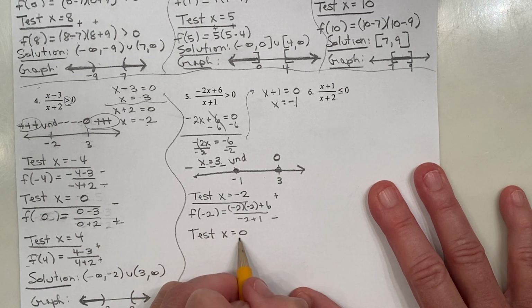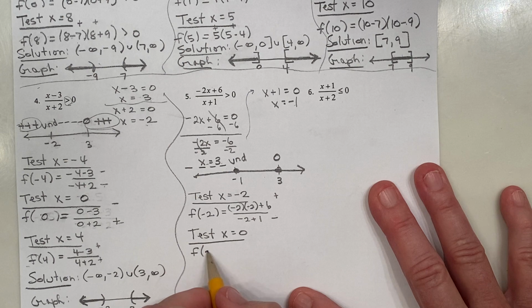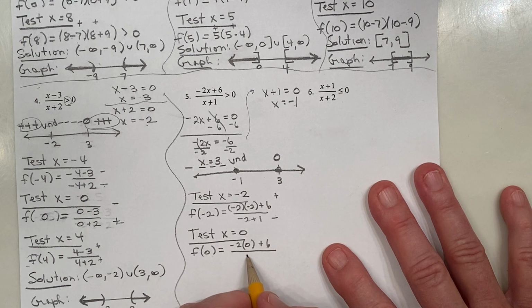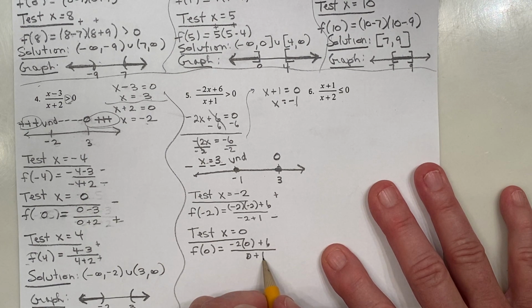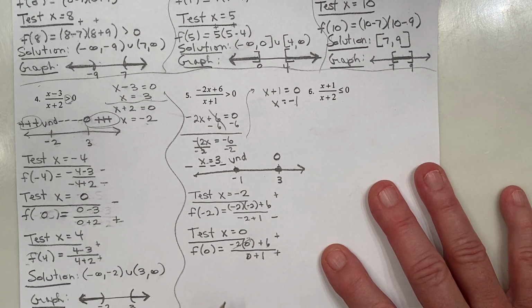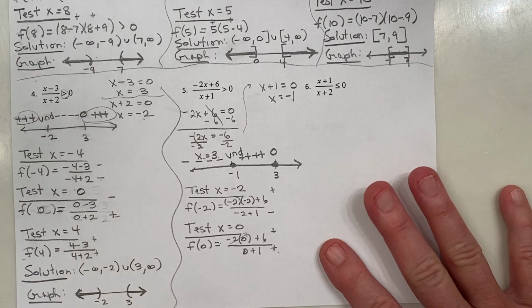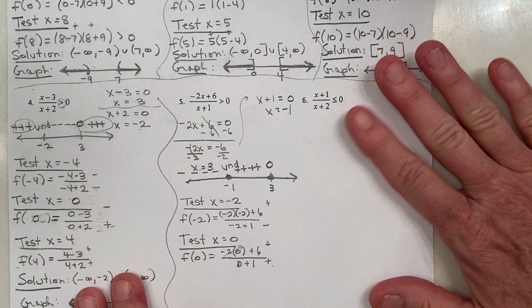Let's test x equals 0. So -2 times 0 plus 6, and 0 plus 1. That goes to 0. So we have positive top and positive denominator. Divide, that's positives here. And then we'll test 4.